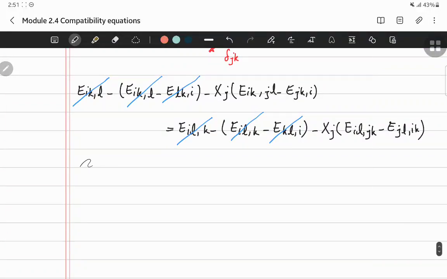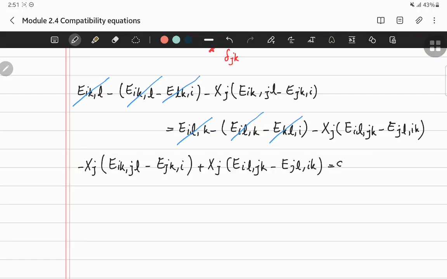So I have minus XJ EIKJL minus EJKI minus becomes plus XJ. I take everything to the left-hand side.